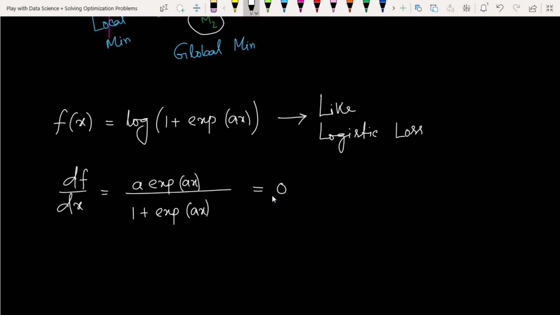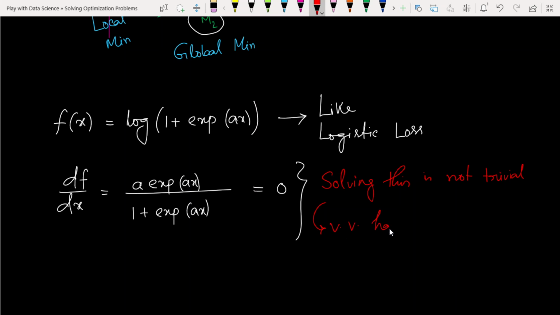We have to first find where the slope will be 0, so we have to equate it to 0. But if you see this, solving this equation is not an easy task. Solving this kind of equation is not trivial, it is a very hard task.